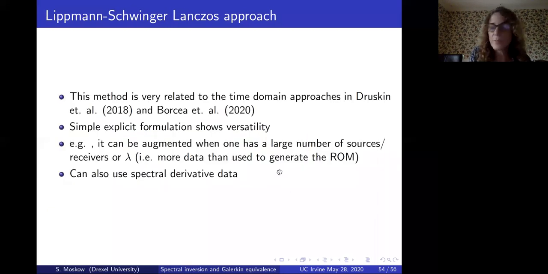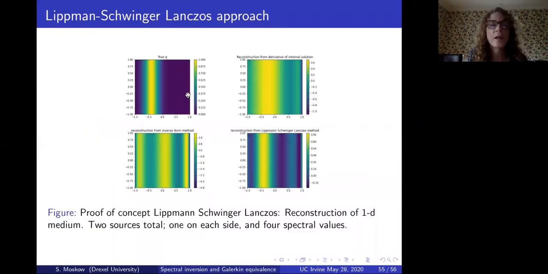So just as a proof of concept, this is just a 1D example. For this, we didn't use the derivative data, but rather only the Fs. This is a 1D two-sided problem, so it's a case with 2x2 blocks. This is the true unknown medium, which is a Gaussian in one direction. It goes up to 1.